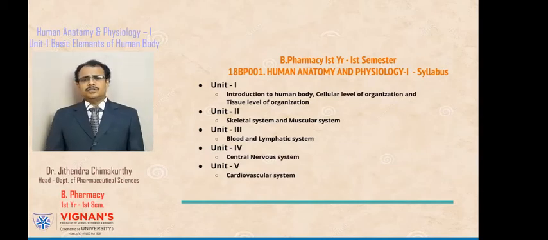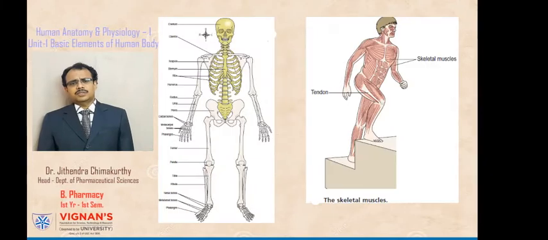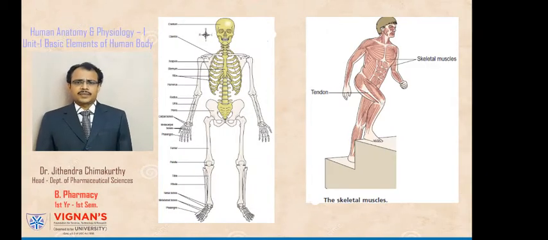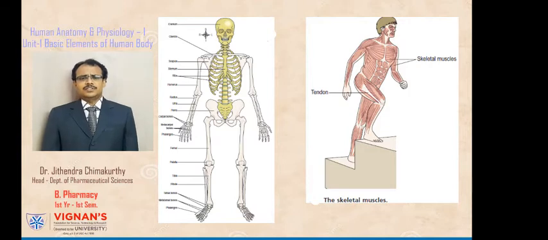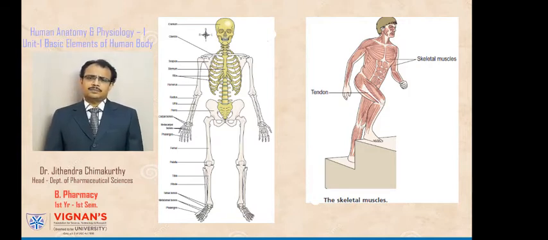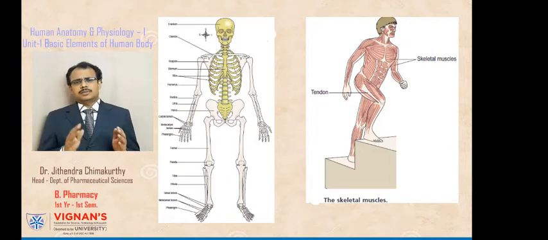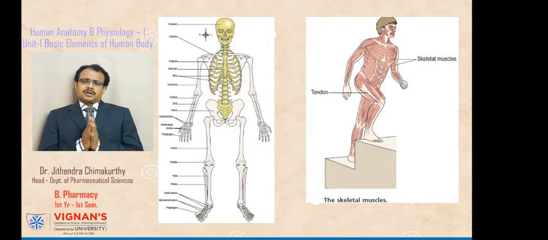Whereas in unit 2 you will be studying the musculoskeletal system. In the musculoskeletal system, you will be studying the skeletal system and the muscular system. Both are studied together because all the muscles in the body are attached to bones, to the skeleton.